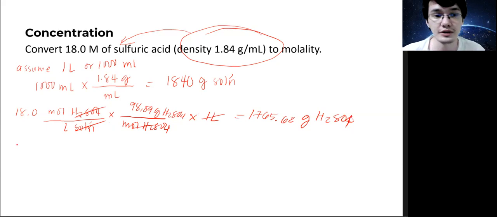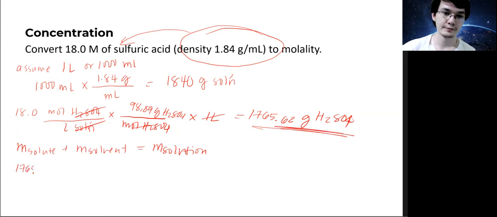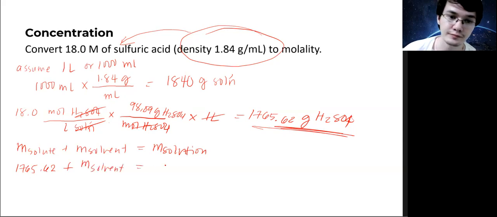Now, the mass of solution is equal to the mass of solute plus the mass of solvent. So we use this mass balance. Our mass of solute is this one, sulfuric acid, plus the mass of solvent that we are looking for, equal to the mass of solution.